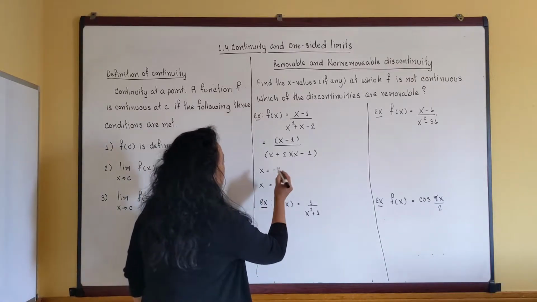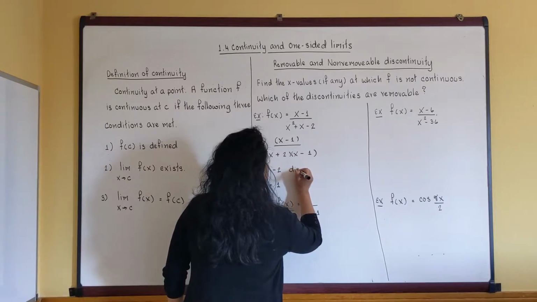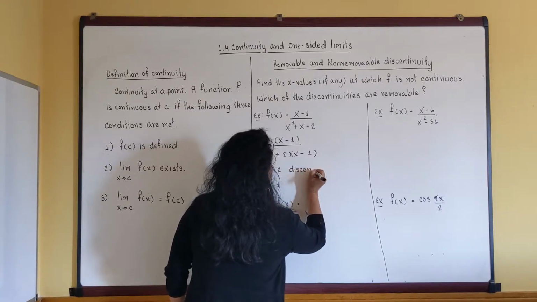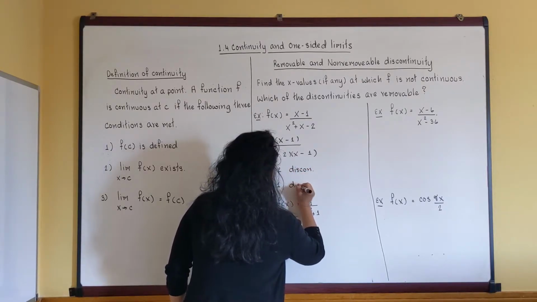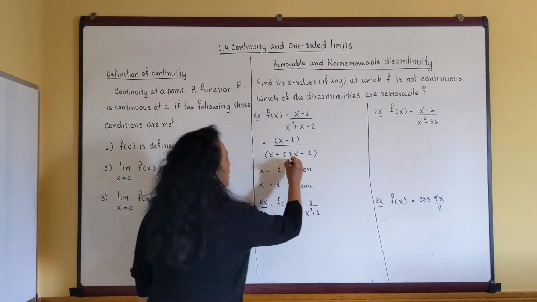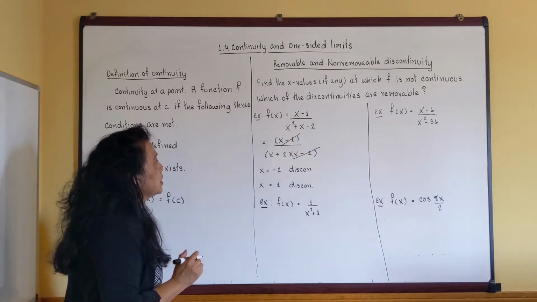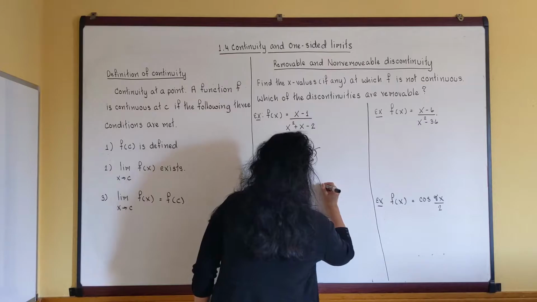But as you can see, both of these are discontinuous. However, this one I can reduce. So the one that I can reduce is called removable.